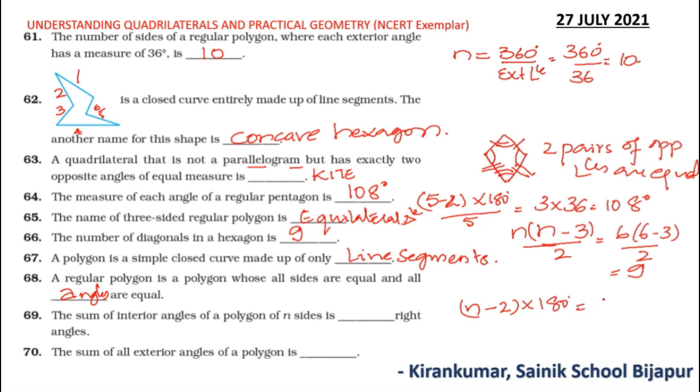So this will be 2 times (n minus 2) into 90 degrees. So 2 times (n minus 2) is the right answer. The sum of all exterior angles of a polygon is always 360 degrees, irrespective of the number of sides. Next question.